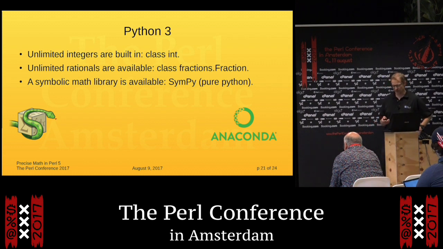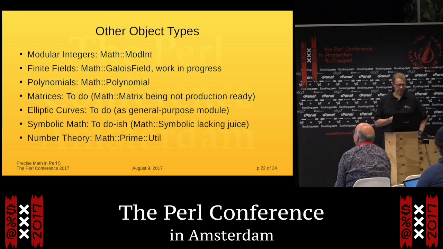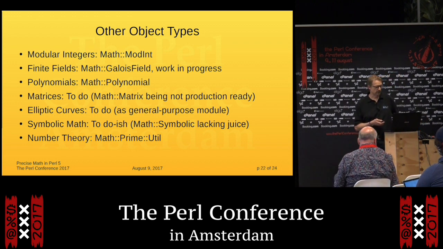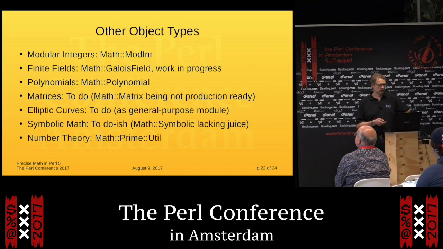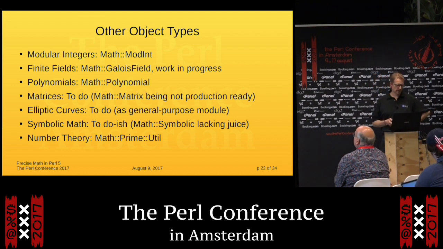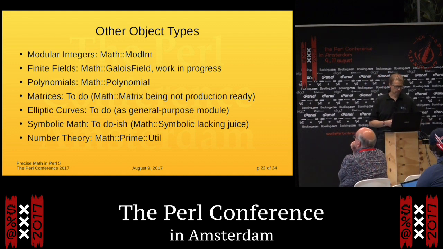So much for rationals and integers. Other object types. I'm sorry if this gets a bit mathematical. We have a lot of stuff on CPAN that can already provide this functionality. Modular integers are there in Math::ModInt, Math::GaloisField, or finite fields I'm at the moment working on. Then we have polynomials.